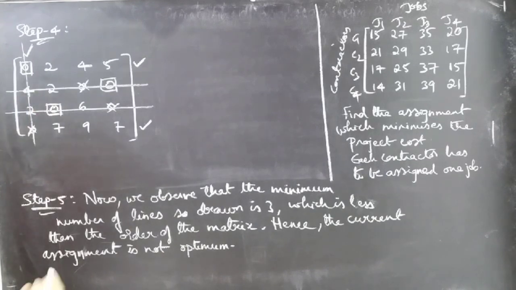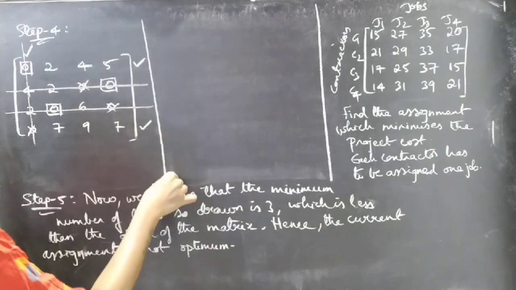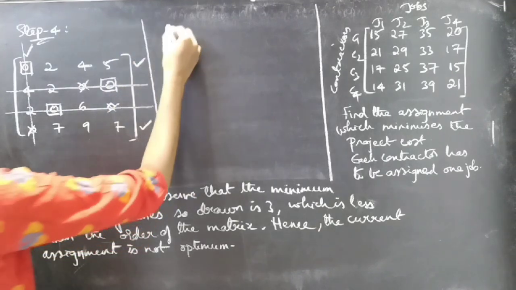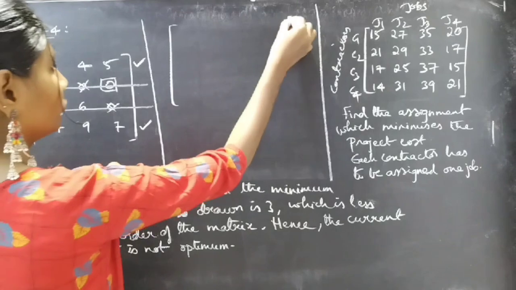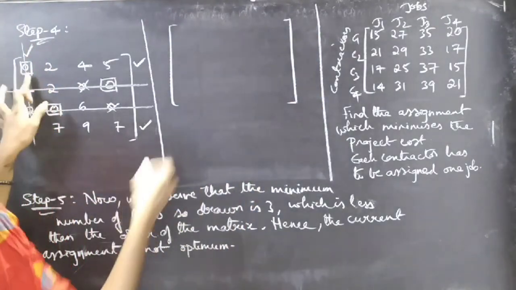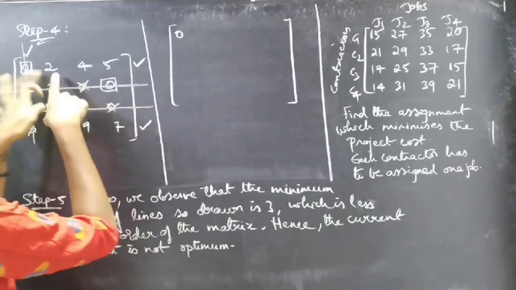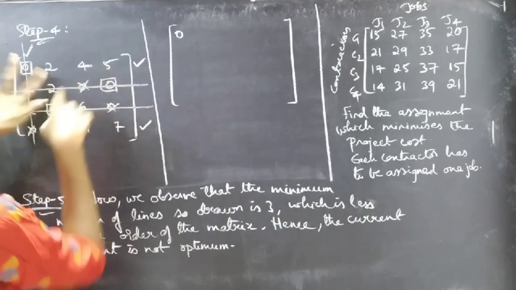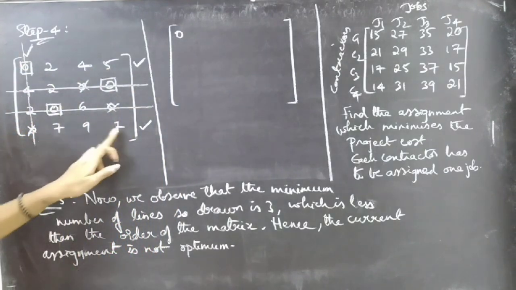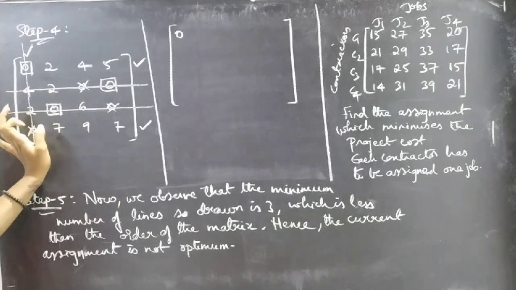Okay, let's see. Zero will be as it is, 0, 2. We have to subtract 2 from all the elements which are uncovered by these lines.